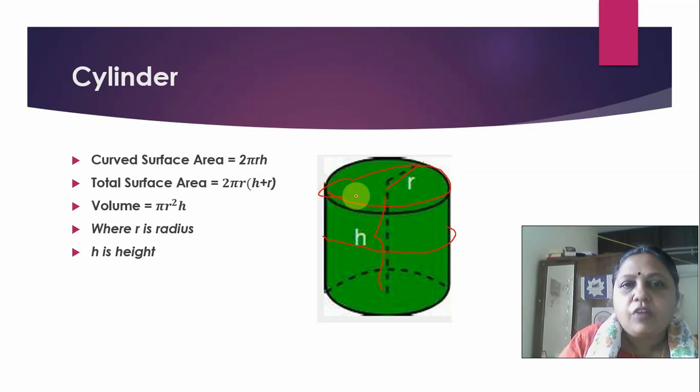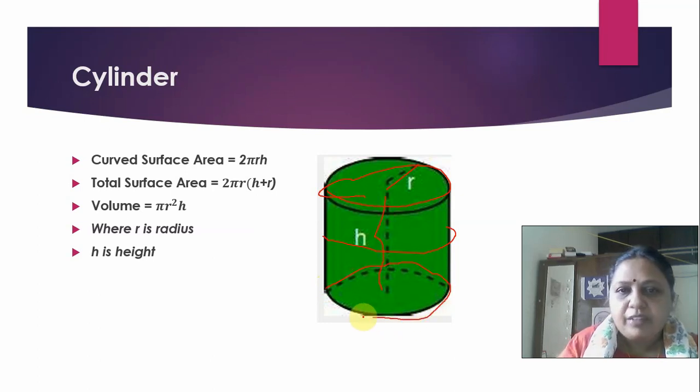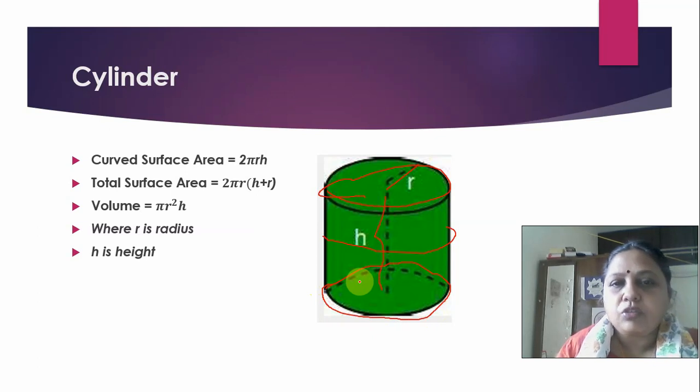The area of this circular surface is pi r squared. Similarly, for the bottom you have another circular surface, and the area of this is pi r squared. Therefore, on the whole, the total surface area is 2 pi r h plus pi r squared plus pi r squared, which is 2 pi r squared.